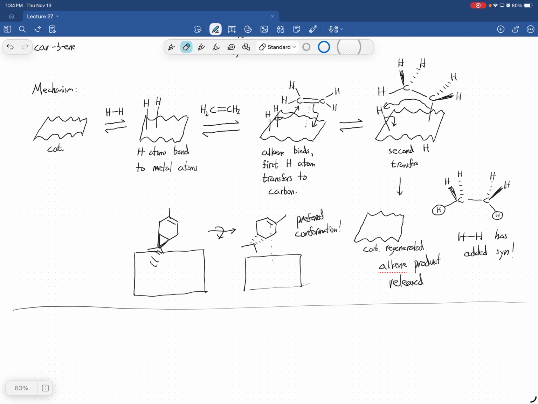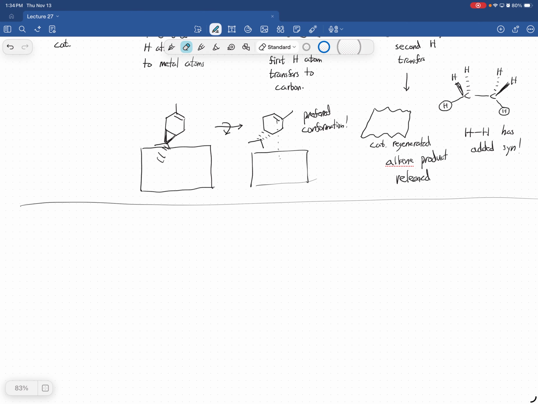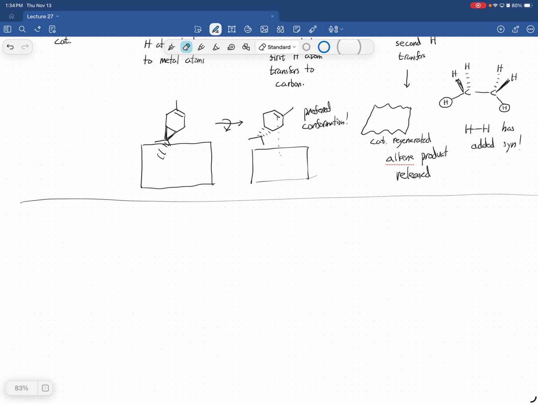So now let's talk about the basic character of the pi bond.